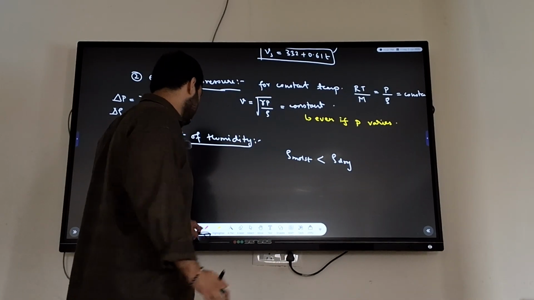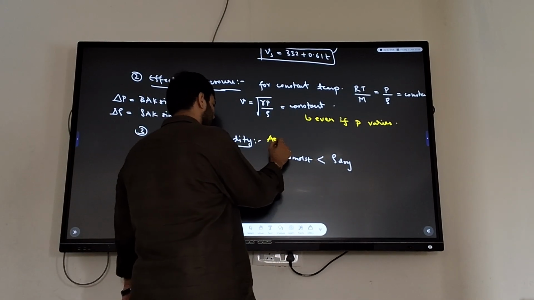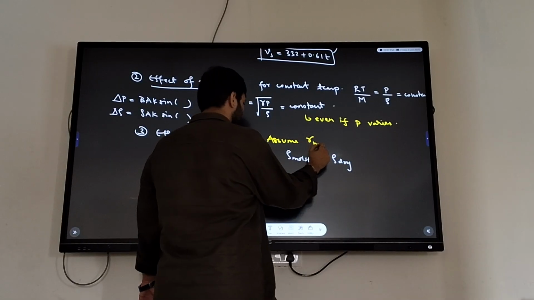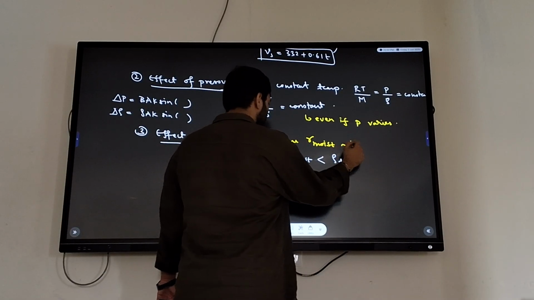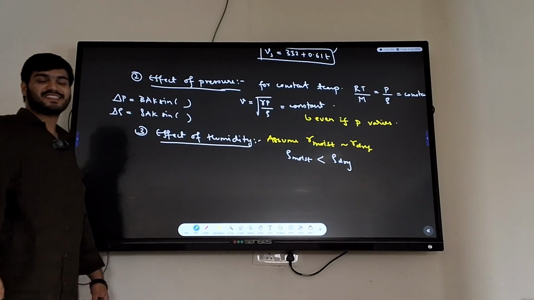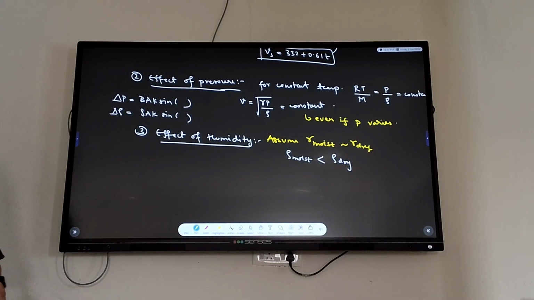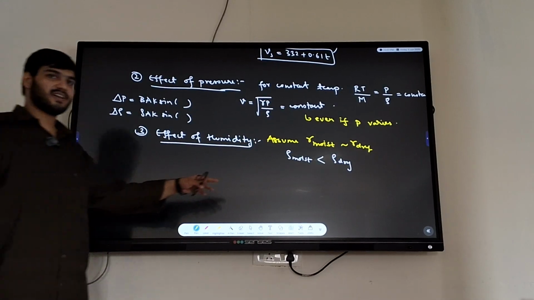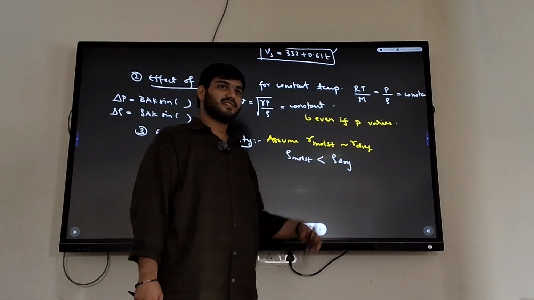I am going to assume that gamma of moist is approximately equal to gamma of dry. That's not true either. It's actually one of them is greater than the other, but we will all in all approximate it to be the same. And you should check why the gamma will differ.